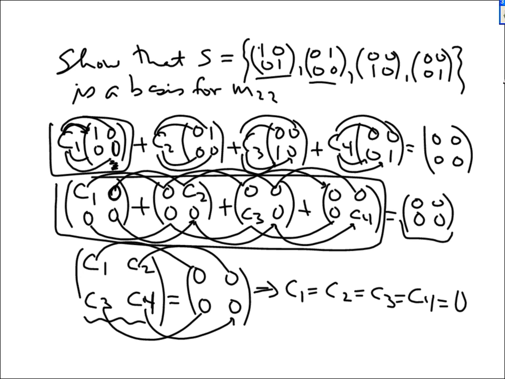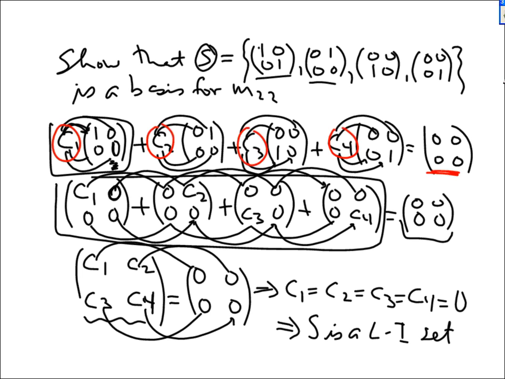But if all of these scalars have to be 0, the linear combination gives you the 0 matrix, and the scalars have to be 0, then you can say that implies that S is a linearly independent set. This set S at the very top, this set of vectors, is linearly independent.